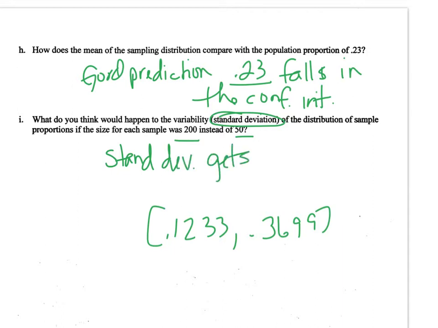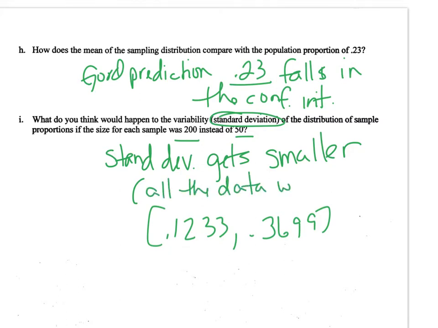And remember, since standard deviation is a measure of how spread out things are, that means all of the data will be closer together. So the higher the sample size, the smaller the standard deviation, and the more accurate the data. All right, have a good day.